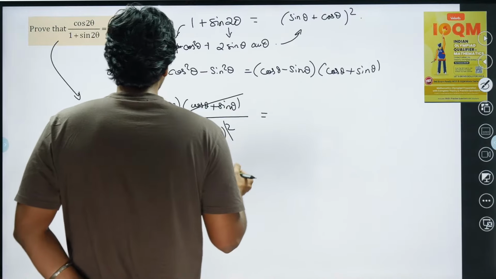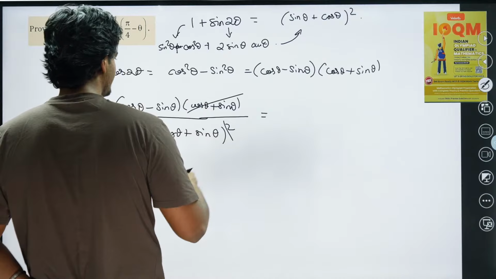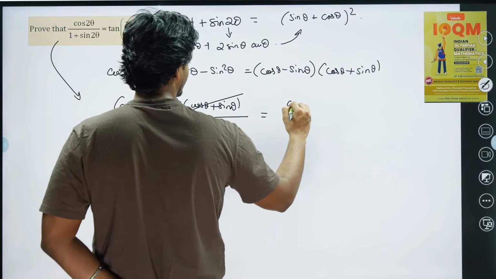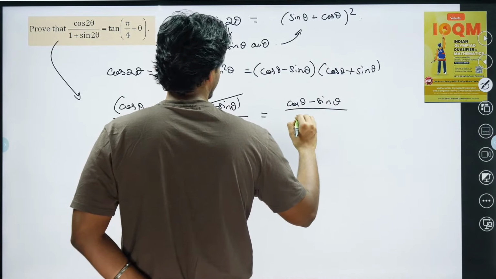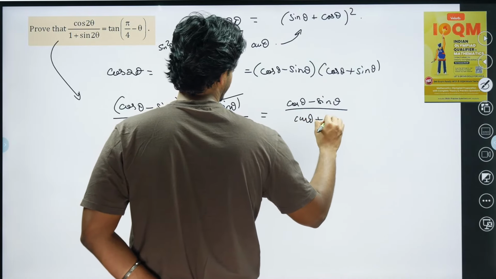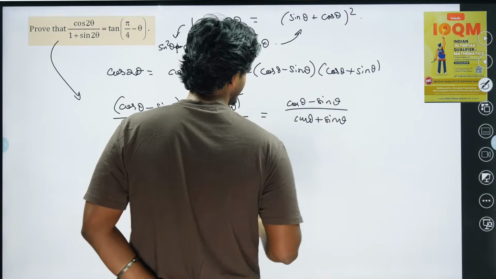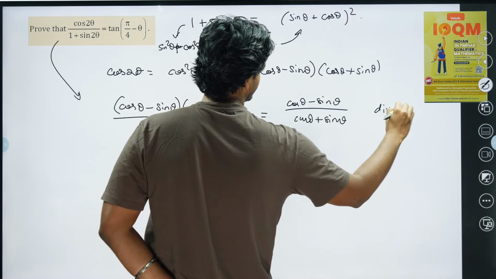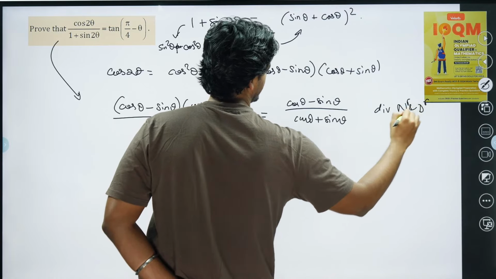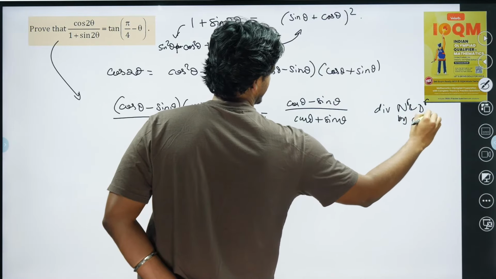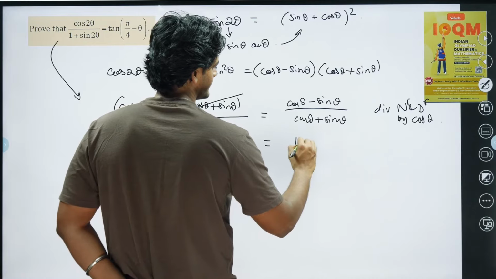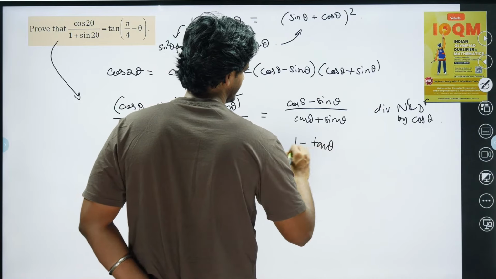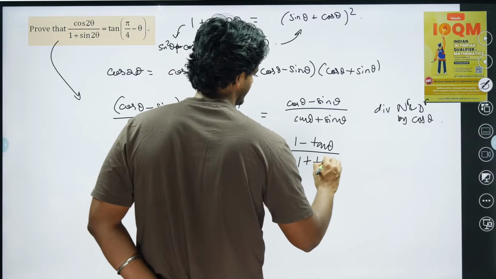Okay. So that is there, and then we have cos theta minus sin theta over cos theta plus sin theta. I will divide the numerator and denominator by cos theta. So what happens? This becomes 1 minus tan theta by 1 plus tan theta.